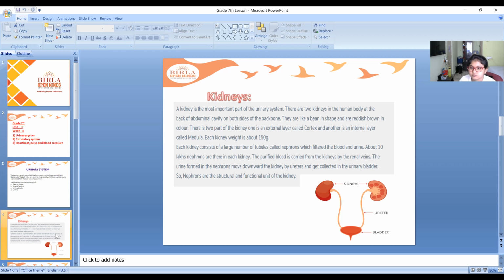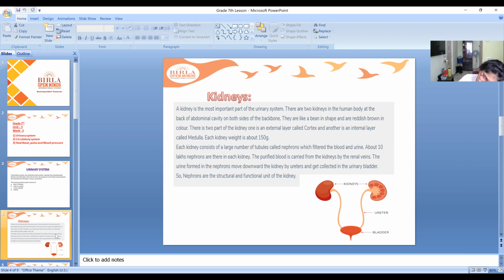Nephrons are the working units of kidneys. I want you all to underline it in your course book, page number 20. Each kidney consists of millions of tube-like structures called nephrons. Please underline it. Nephrons are the working units of the kidney. Underline this point also. They filter blood and remove the waste products in the form of urine.